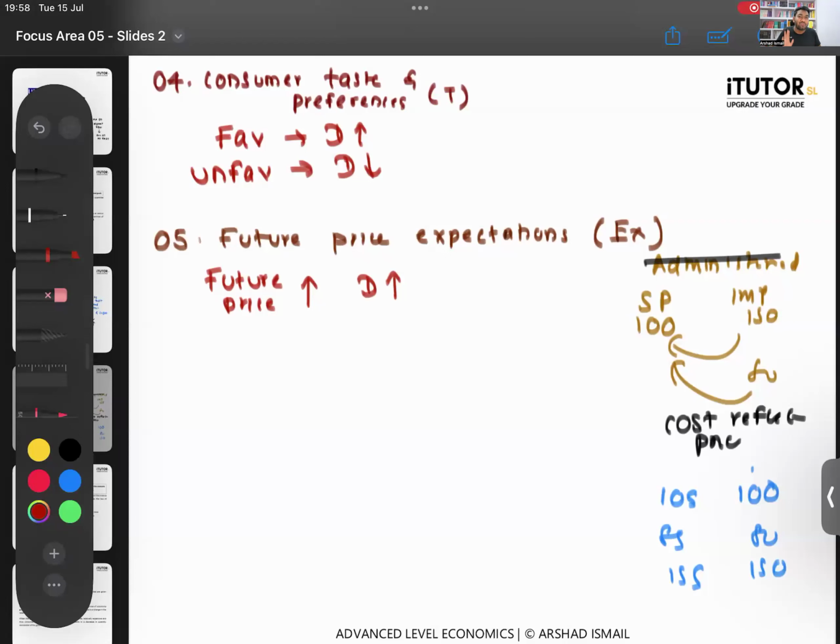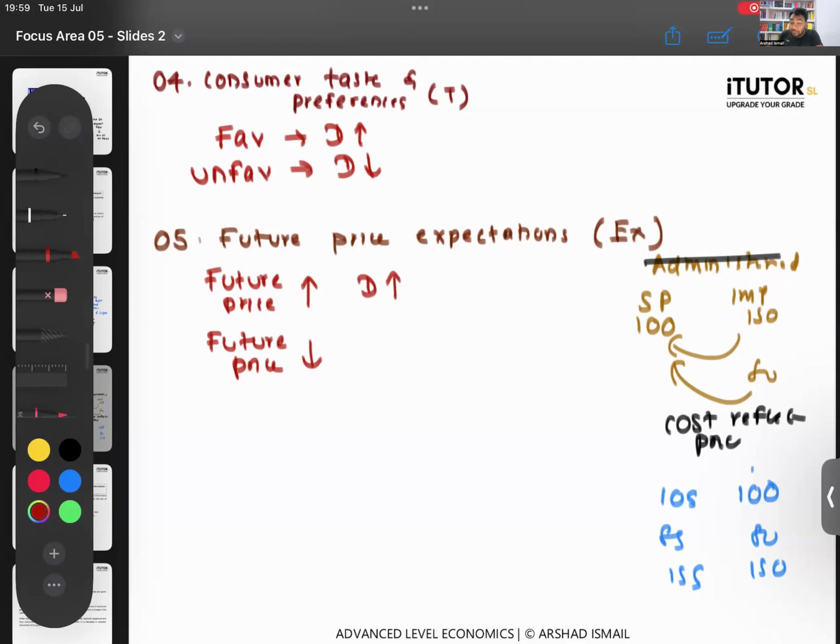But what if it was the opposite? Right now, a liter of petrol is 300. What if you expect that on the 1st of August the liter will go to 250? If you expect the future price to go down, will you go and pump petrol now itself? No, you will be like, now I don't want petrol. I will wait for 2 days and I will pump.